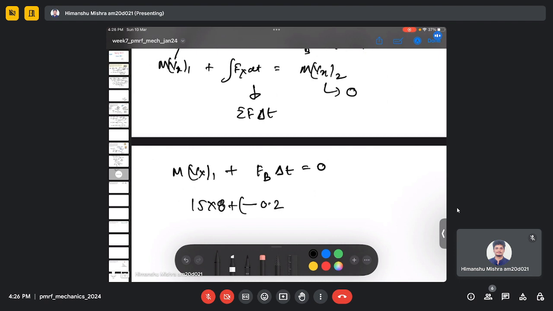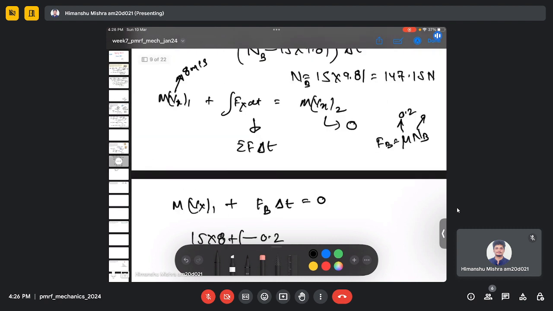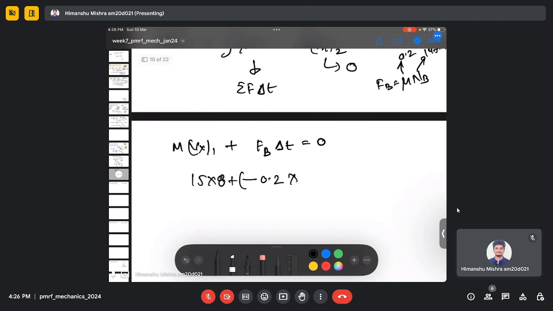So this is my mu. My friction force is mu N_B. My mu is 0.2 and my N_B which we got is 147.15. And my initial time is 0 and the final time we need to find.